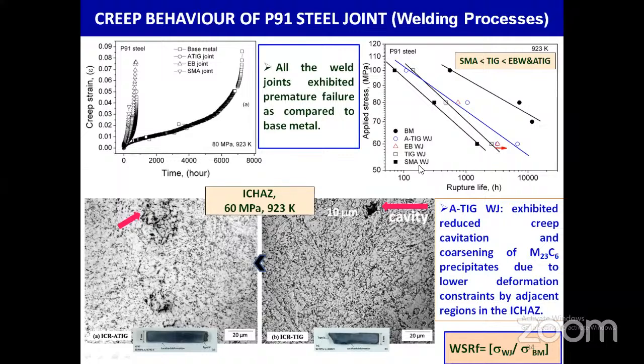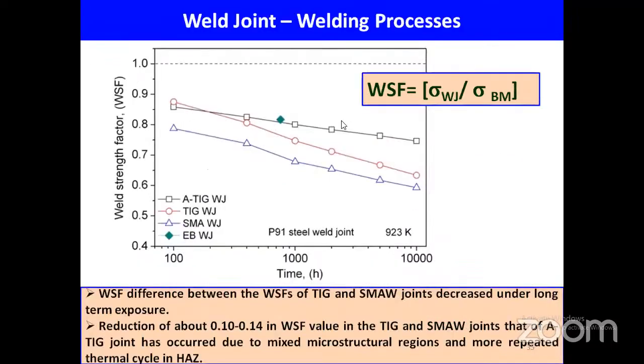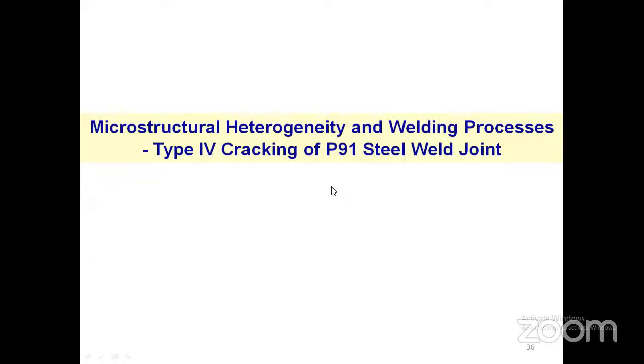We can enhance the creep strength by about 15 to 20% with the single pass process. It is the weld strength factor, which says that the single pass welding process provides better creep strength than the multiple pass process. So the microstructure heterogeneity and the welding process influence creep strength.